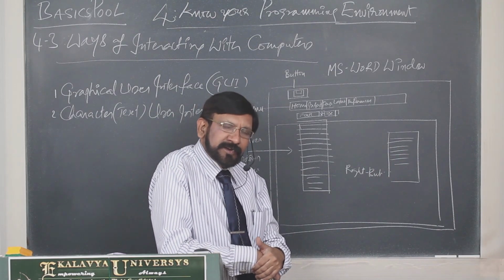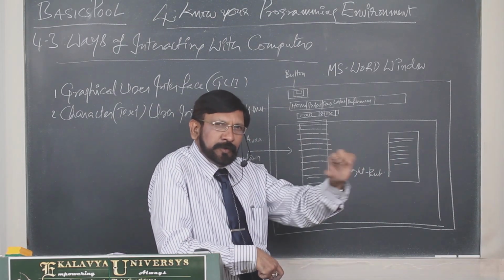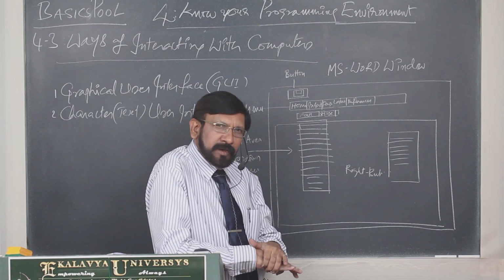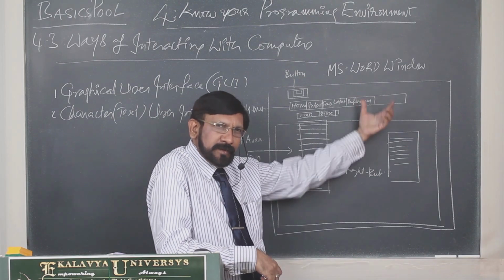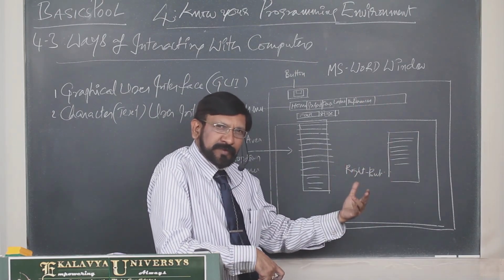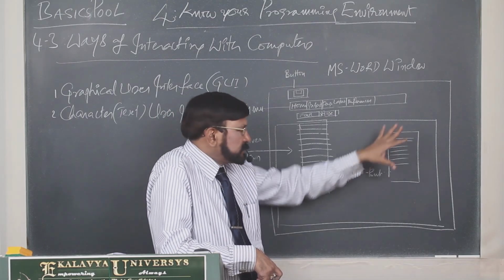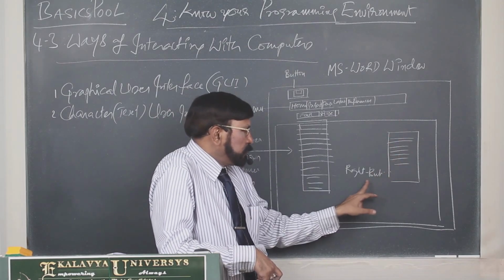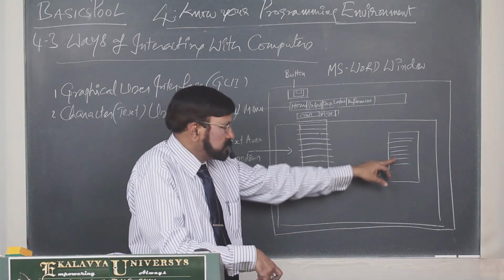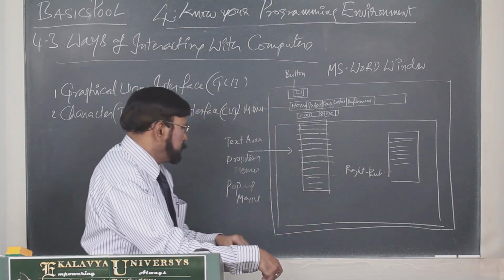Suppose on the desktop window, if you make a right click, then certain options like refresh, new, creating a new folder, etc. are opened. That is a pop-up menu. This is pop-up, this is drop-down menu.